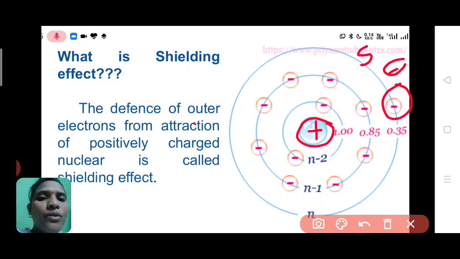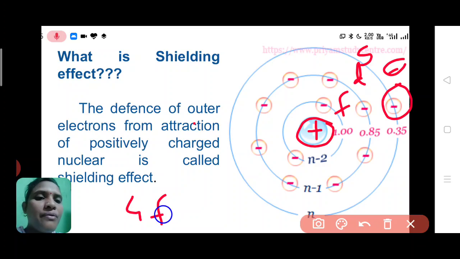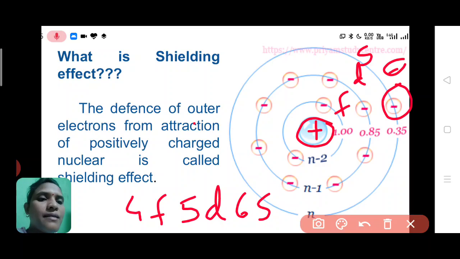According to the electronic configuration of d block elements, the outermost shell is S and the innermost shell is D and then F. Consider the electronic configuration of the 5D series, which is written as 4F, then 5D, then 6S.